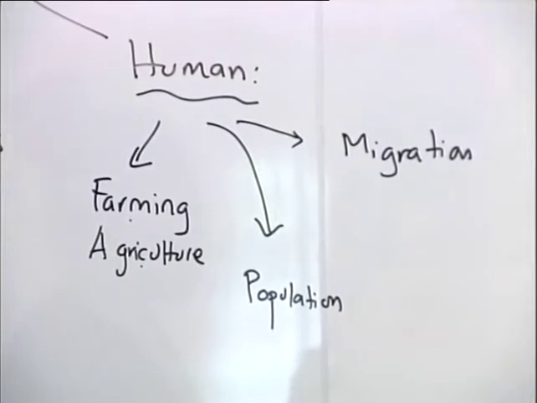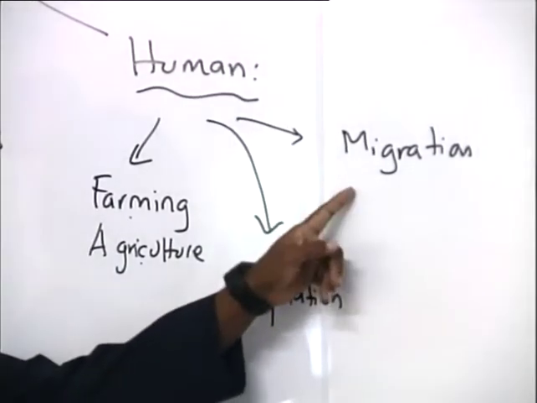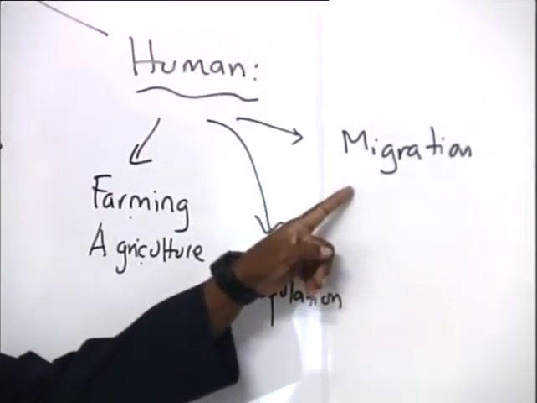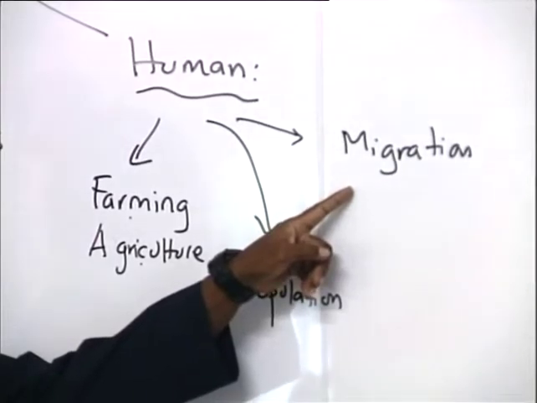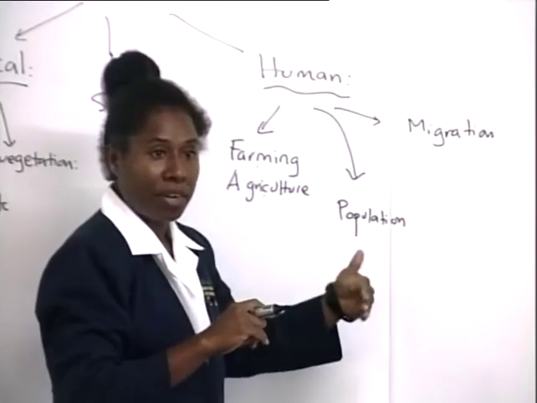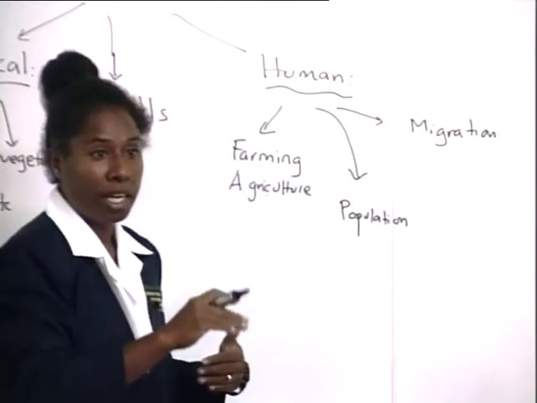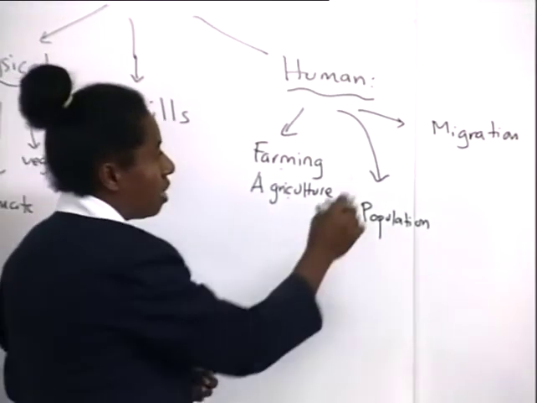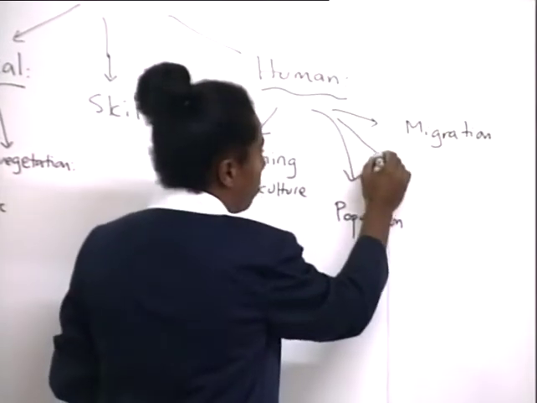On Java, we are going to learn that the capital city of Indonesia, Jakarta, is located on the island of Java, and we're going to look at some of the reasons why people are migrating into Jakarta more than the other areas. So migration is another important subtopic.